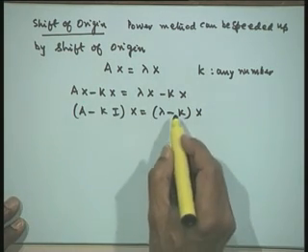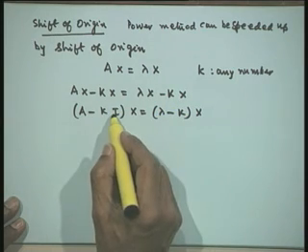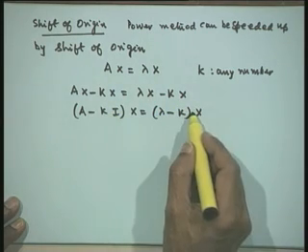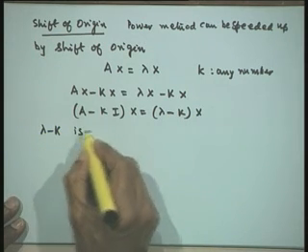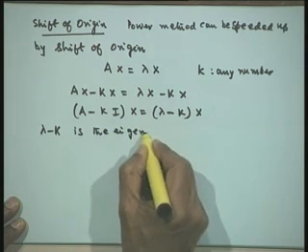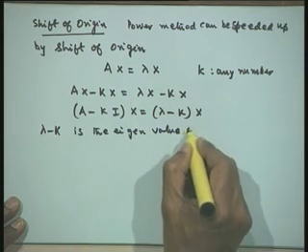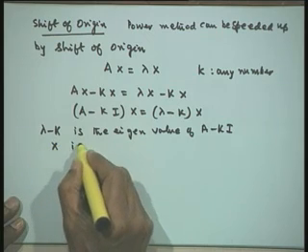Therefore, this states that lambda minus k is the eigenvalue of A minus k I, and x is the corresponding eigenvector.